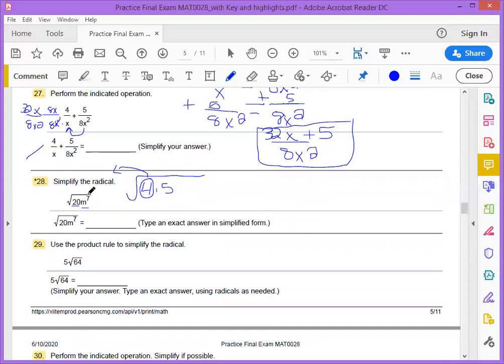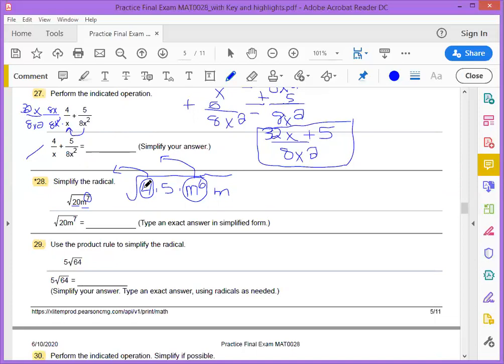So we really just want to divide this power by 2. What's the greatest set of 2's that I can take from m to the 7th? I could take 6 of them out, right? I could take m to the 6th power because 6 is the power of 2. When I take away 6 from the 7, I'm left with just 1 underneath. All right, now m to the 6th power, I can take the square root of that because that's 3 sets of 2.